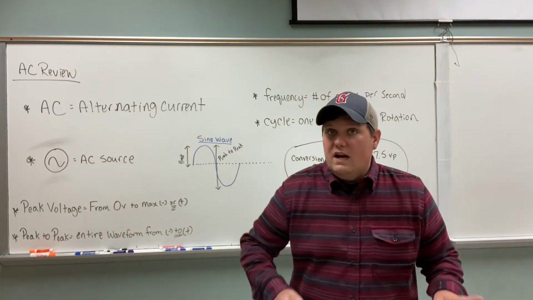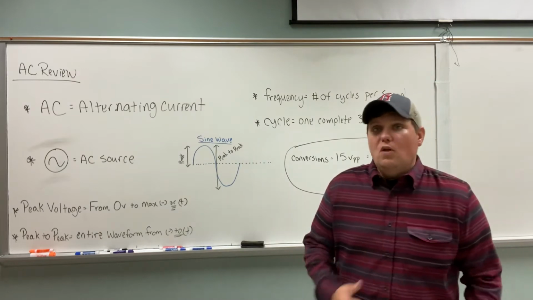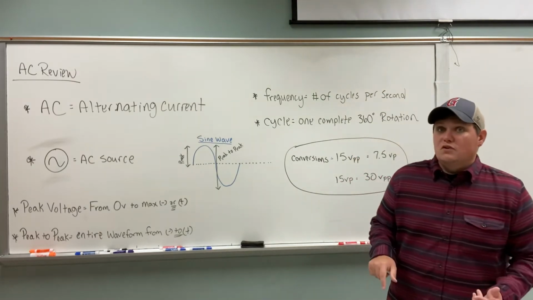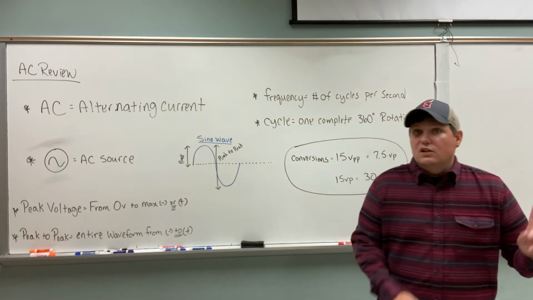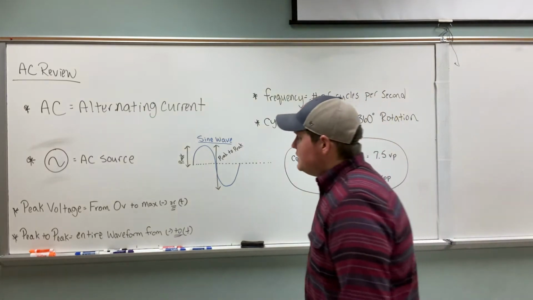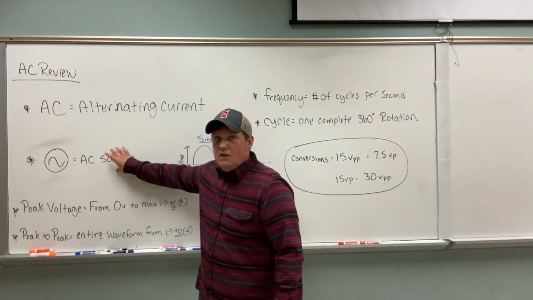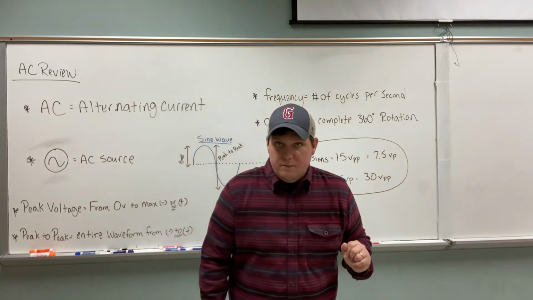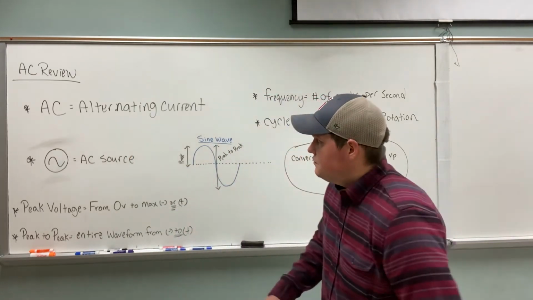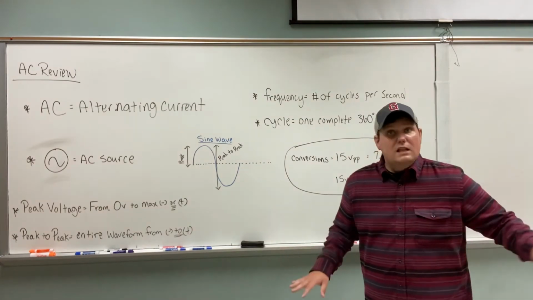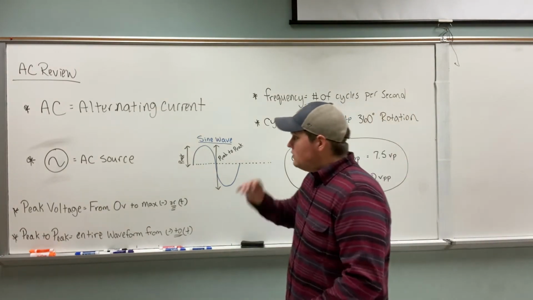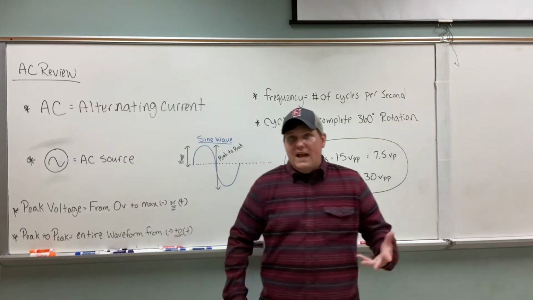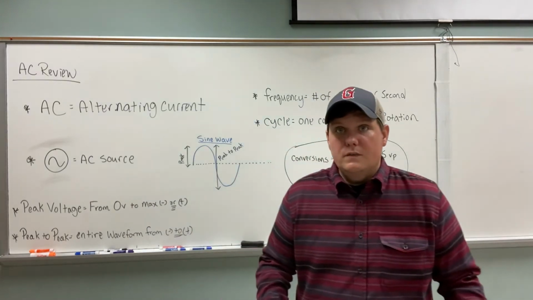Because remember, a diode will actually block current when you're in reverse bias, so it's only allowing current to flow one direction. So you're taking this alternating current and sending it one way only, which makes it DC, okay? But more on that later down the road. First, we want to talk a little bit about how AC actually works, okay?